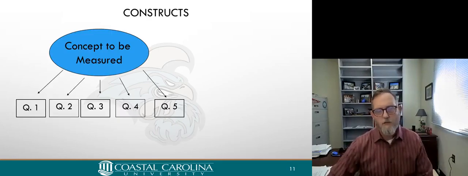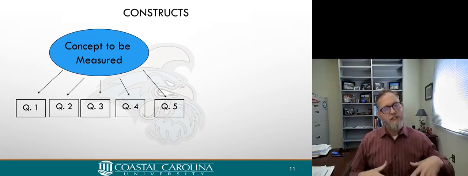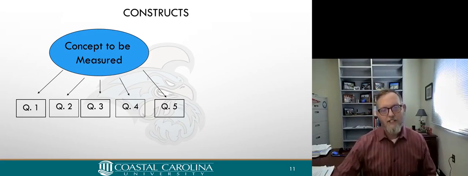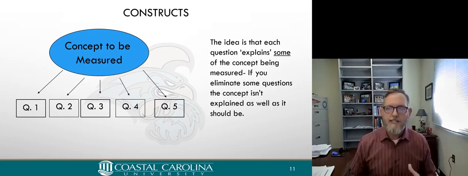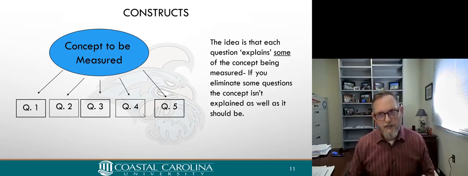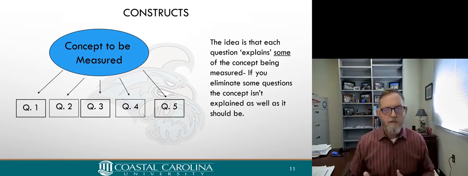Okay, so again, this is kind of the way it works. These questions 1, 2, 3, 4, 5 in this illustration reflect the concept being created. So the idea is that each question explains some of the concept. If you eliminate some of the questions, then the measure that you get won't be as complete.